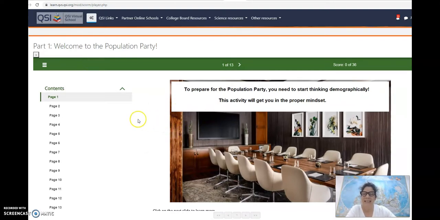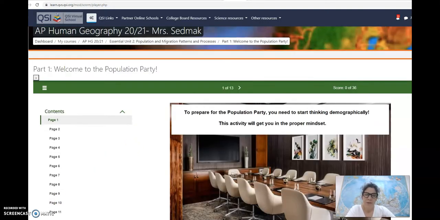In this activity, in taking on the role of that person, you will have to present to us how that person felt about, or what their thoughts were on, the future of the world as it relates to the area of demographics that they studied in particular. So the purpose of this activity is just to get you in that proper mindset of what we will be looking at in terms of population.